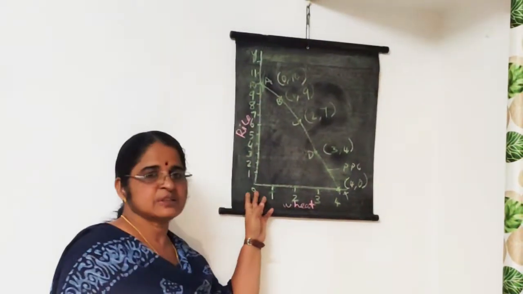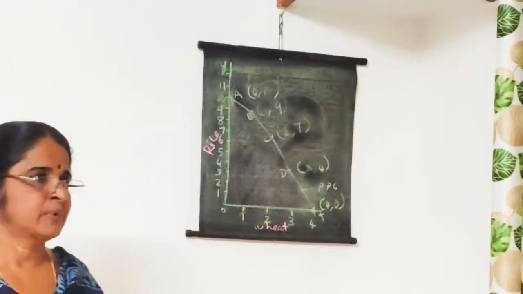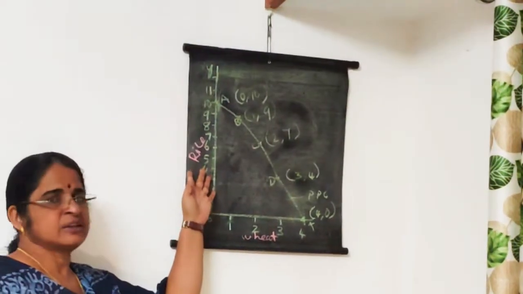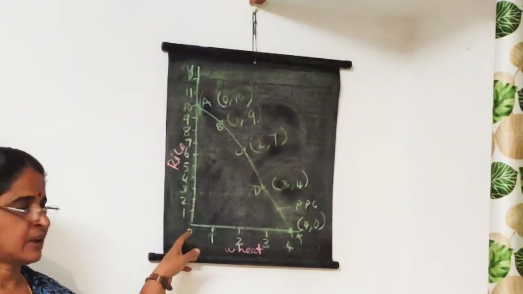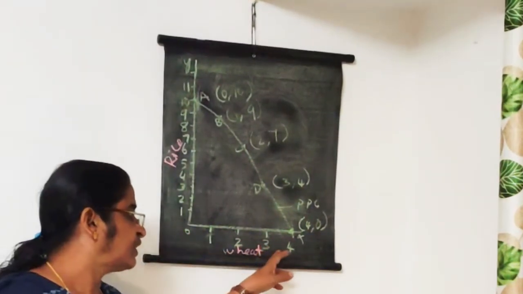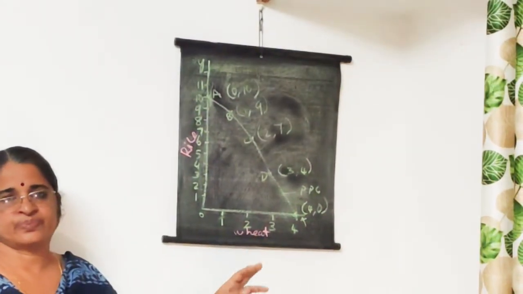We can represent the above table in the form of a diagram. The values of rice is measured on the OY axis and the values of wheat is measured on the OX axis.